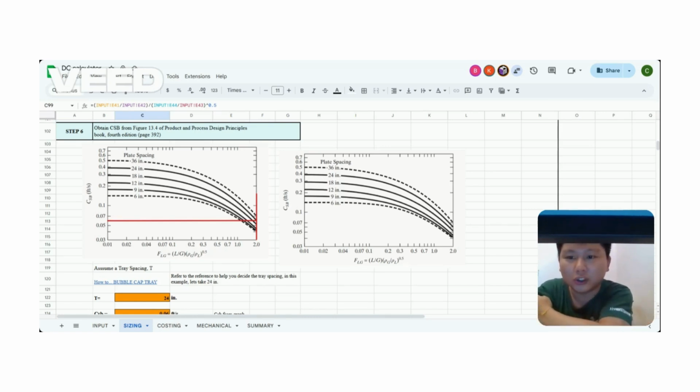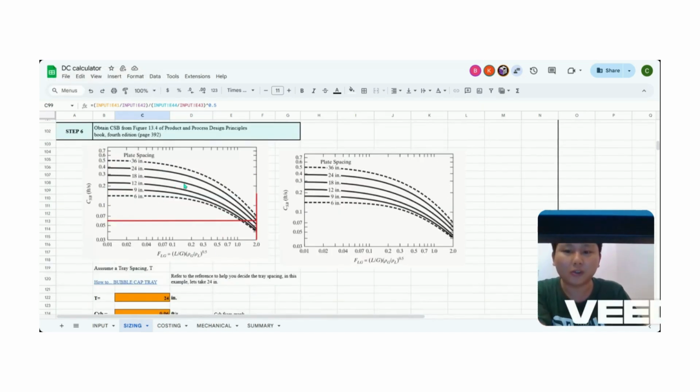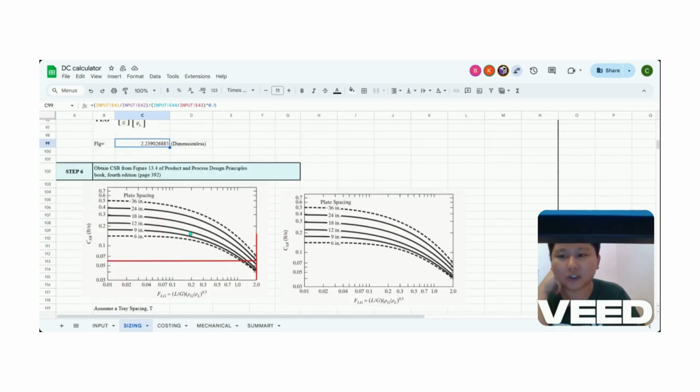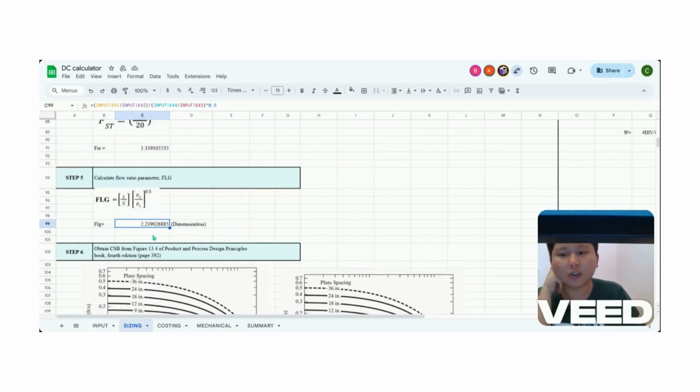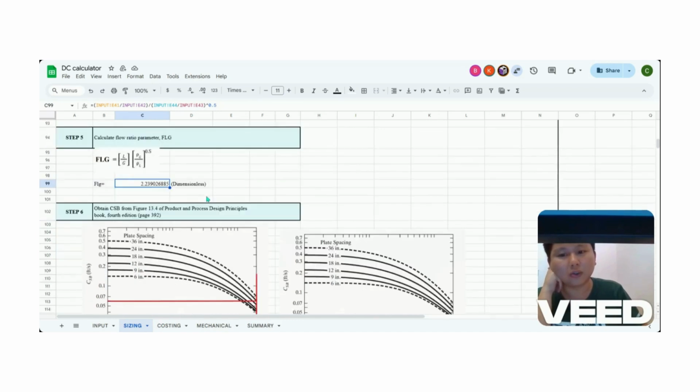Okay, so first of all, we need to assume the plate spacing. For example, let's take 24-inch plate spacing. By having this parameter value, next we need the FLG, but we managed to get it already in step 5. So the FLG value is 2.239.